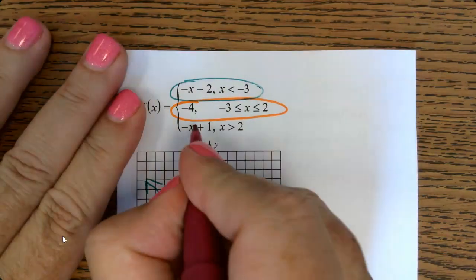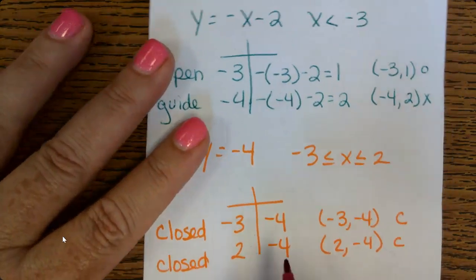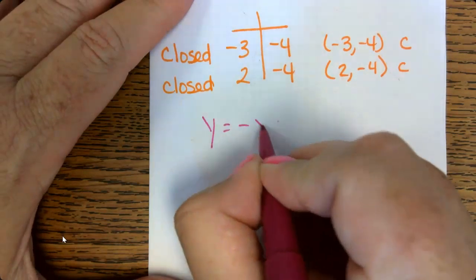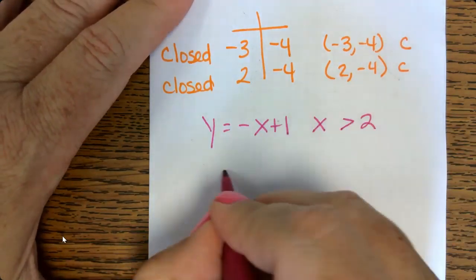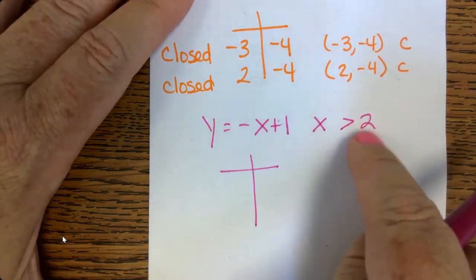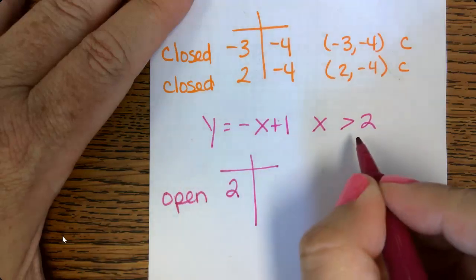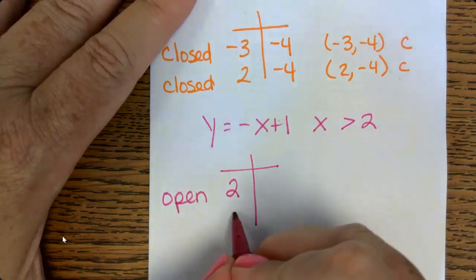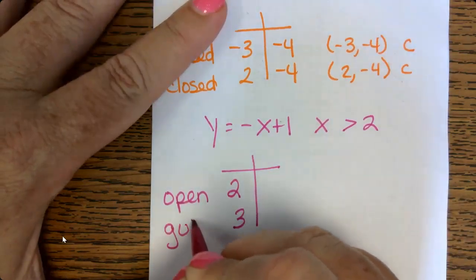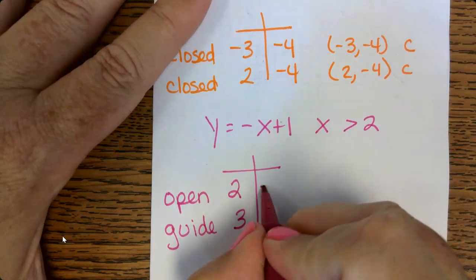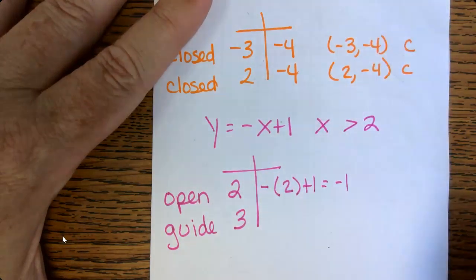And then the last equation right here. So y equals, oopsies, negative x plus 1, where x is greater than 2. One x value we have to use, and this is going to be open, and I need a number bigger than 2. 3. Because it wasn't provided, this is our guide. So we get negative 2 plus 1, which is negative 1.